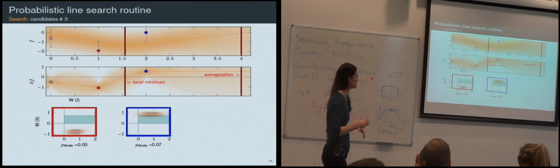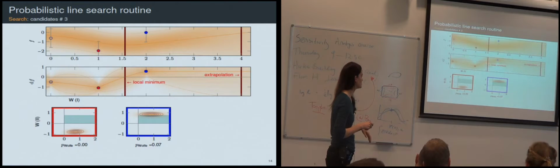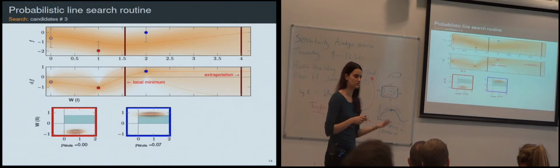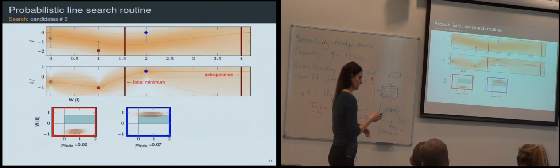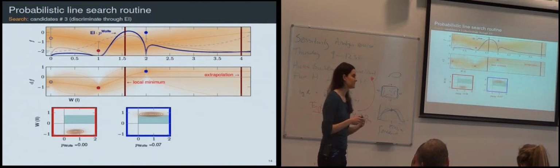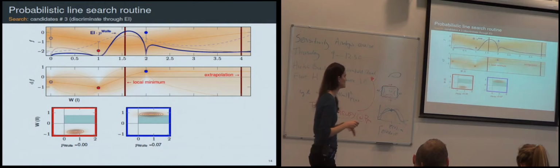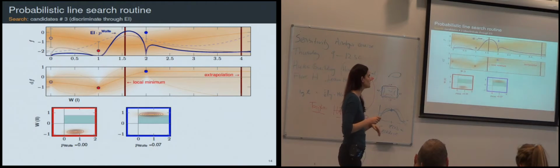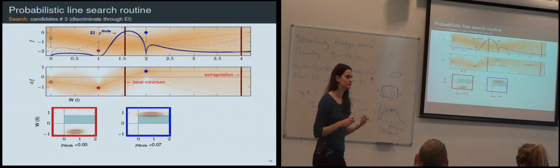And now we have two candidates. One is another extrapolation point, and the second candidate is the local minimum of the posterior mean. So here you can see it goes through 0. It's a local minimum. This is very similar to the classic style. Then we want to decide where we actually want to evaluate. The thick blue curve is the product of the expected improvement and the probability that the Wolfe conditions are fulfilled.